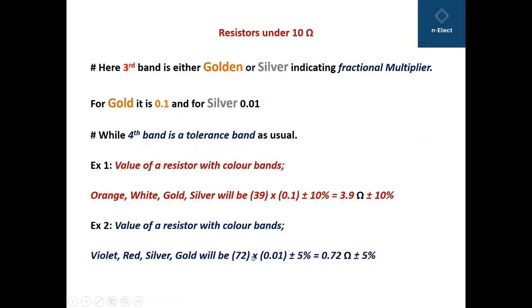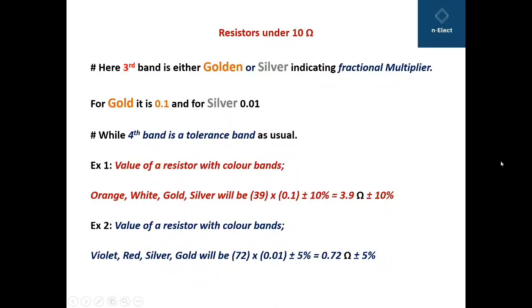Then red, 2 is the digit associated with it, multiplied by, for silver the multiplier is 0.01, so we have multiplied it by 0.01 plus minus gold, that is 5%. So 0.72 ohms plus minus 5% will be the value of resistor with these color codes.